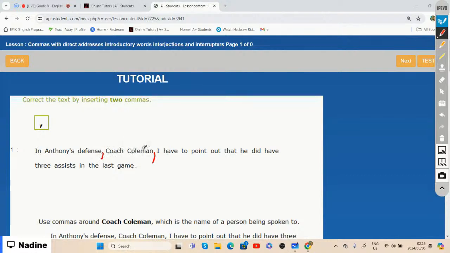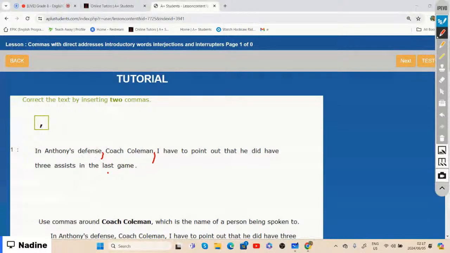So we are speaking to Coach Coleman. So he says, in Anthony's defense, Coach Coleman, I have to point out that he did have three assists in the last game. So we are then speaking to Coach Coleman, which means that we need to put our commas on Coach Coleman because that is the name of the person that is being spoken to, right?